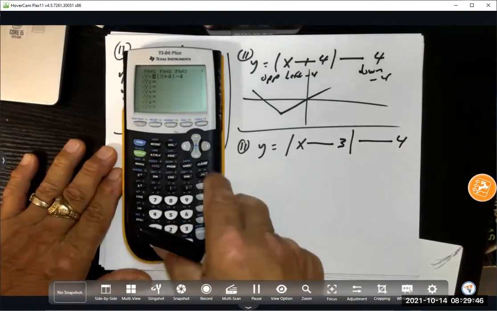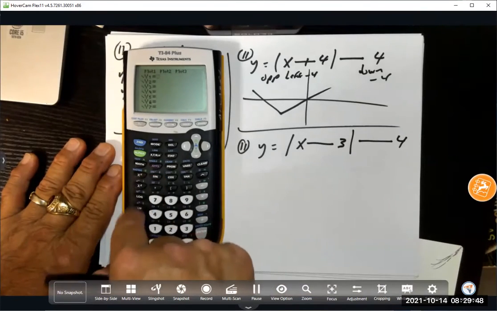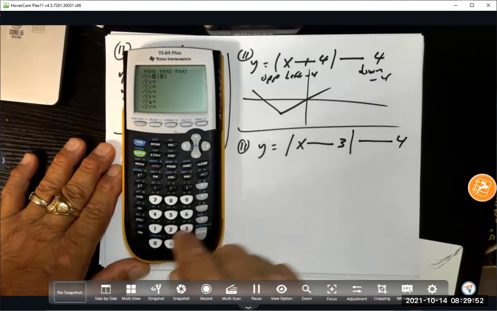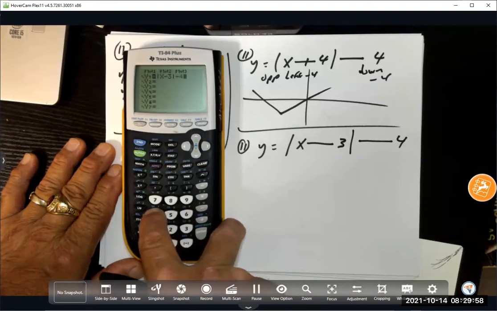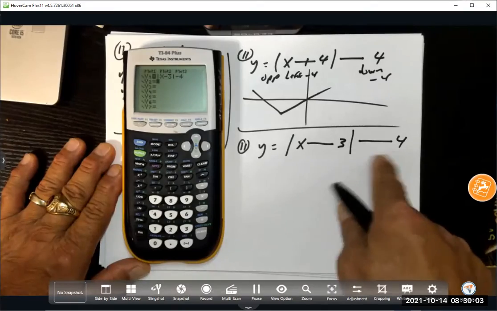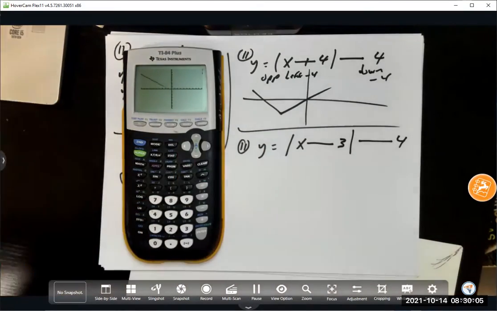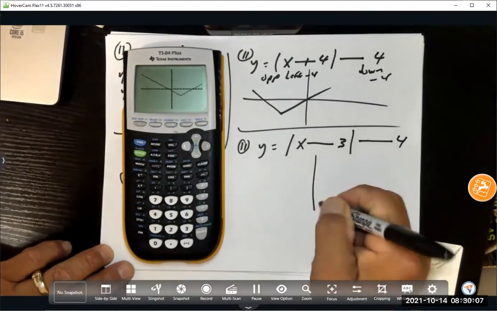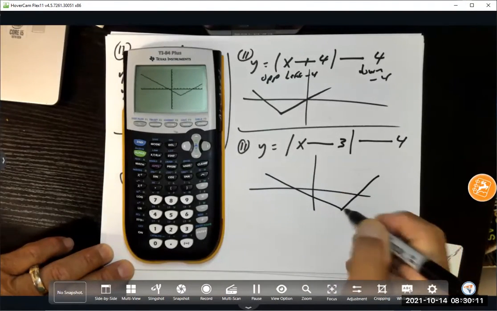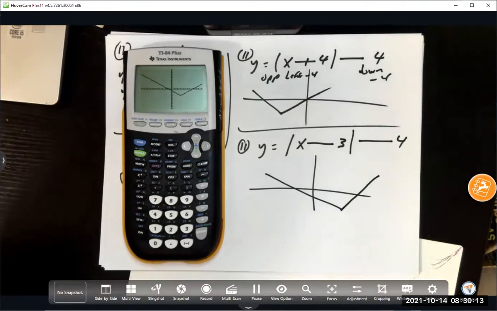So y, clear, math, number, abs, I'm going to put x minus 3, get out, minus 4. Okay, so x minus 3 minus 4, two big minus signs. Now hit graph, see what it does. And the picture I get looks like this, goes this way and this way. You'll get a picture like that?